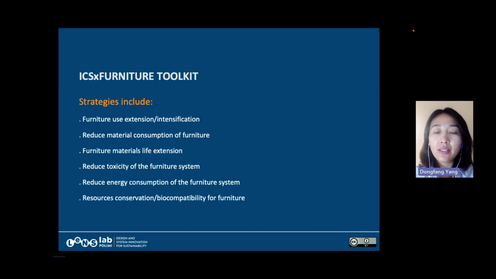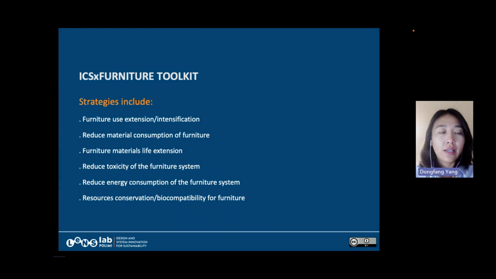The toolkit integrates furniture-related knowledge from the project, such as 7 furniture-specific lifecycle design strategies, 40 sub-strategies, and around 200 guidelines, as well as 41 sustainable furniture product cases that are linked to the idea boards.